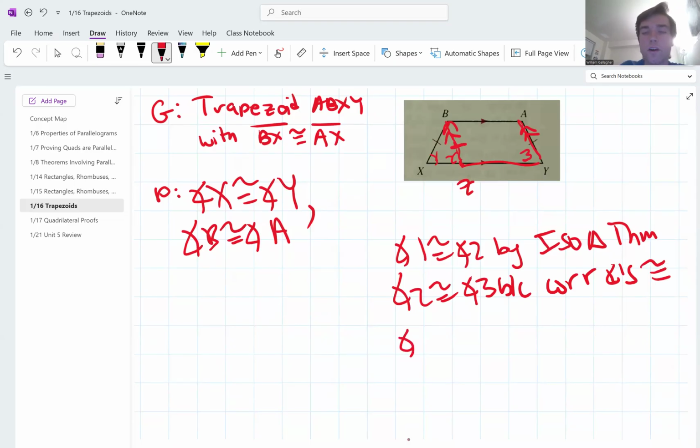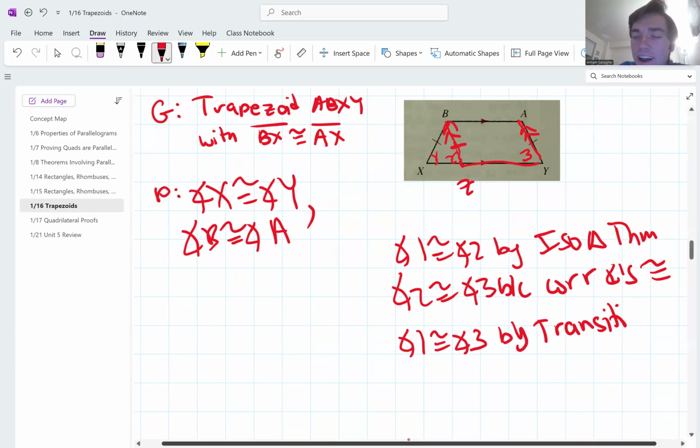And so angles 1 and 3 are congruent by transitivity. Angle 1 is the measure of angle X, and angle 3 is the measure of angle Y. So we've already got that X and Y are congruent.